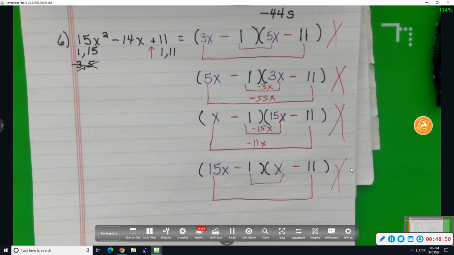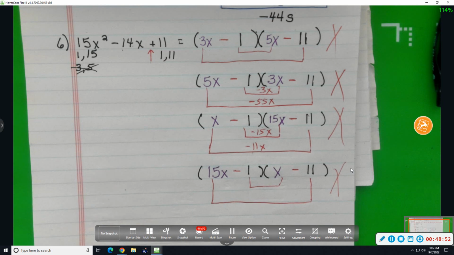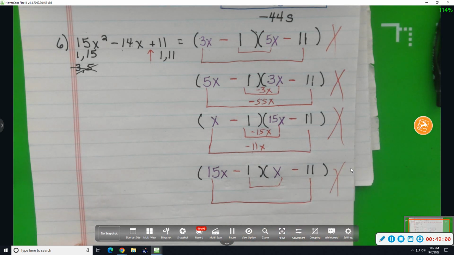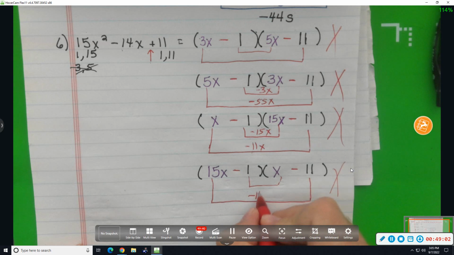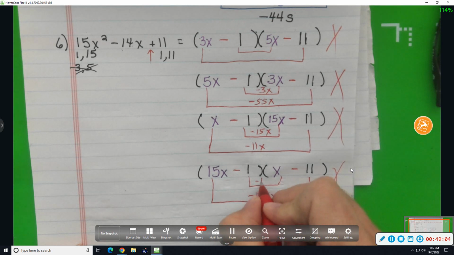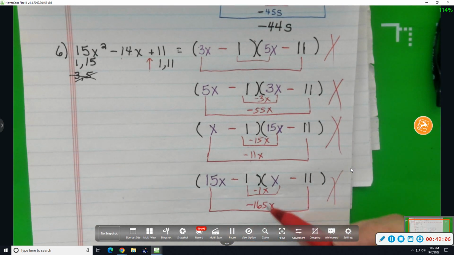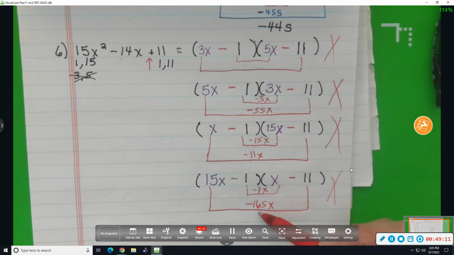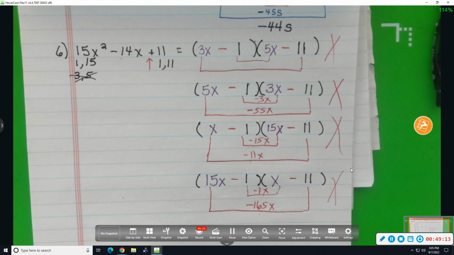Whatever, 15. Okay. 15 times 11. 15 times 10 is 150. 15 times 1. Is that 165? Yeah. So there. I feel better now that I've shown that these two obviously are not going to add together to give negative 14x.